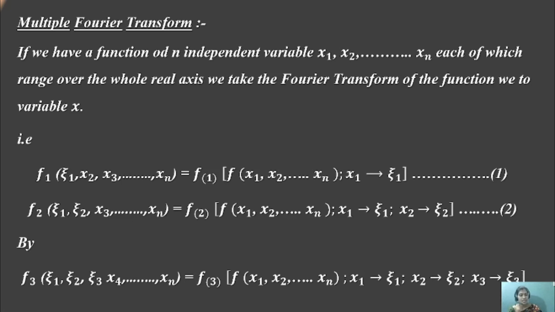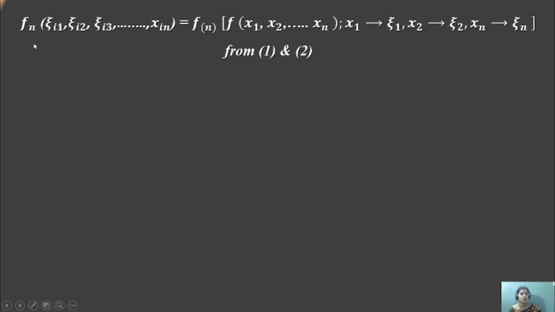If we get xi1 for the function f1, then x2 will start, not x1. The same value will change in the function. Then by using the form and generating for xn equals xi1, xi2, xi3 to the function of xin equals fn of x1 to xn, x1 tends to xi1, x2 tends to xi2 to xn tends to xin.